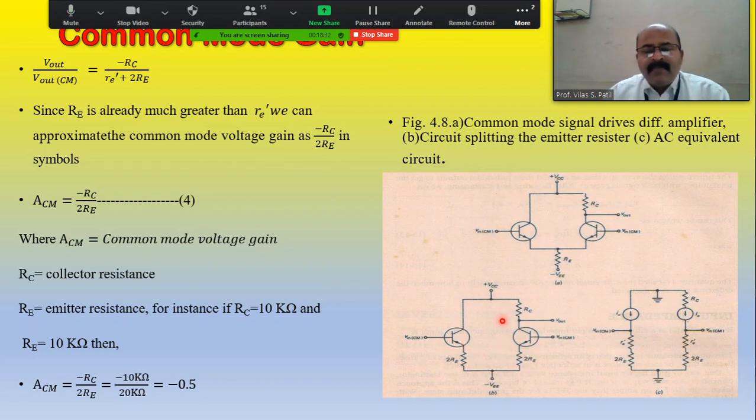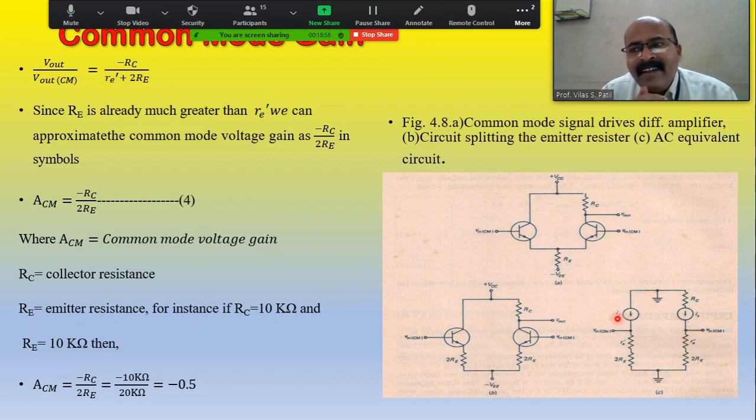Consider that we are going to apply the AC analysis. To apply the AC analysis, we have to ground all the biasing sources. VCC will be grounded, and VEE will be grounded. Then what about the AC equivalent circuit?